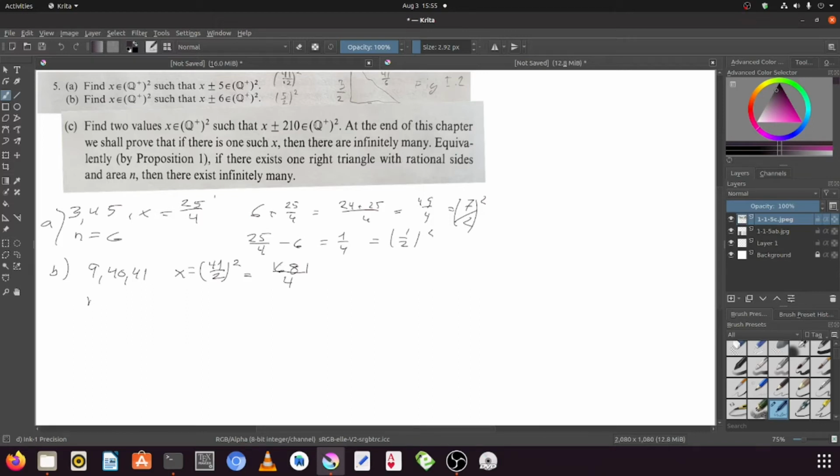And then we come to n. I hesitated there because the area of this triangle is not quite 5.